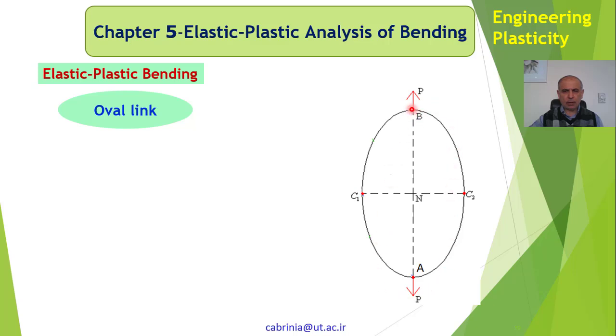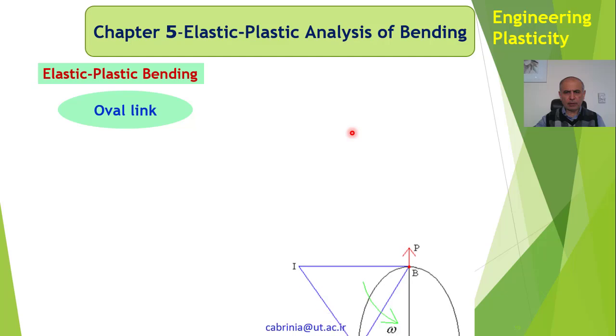There is a force P applied here and applied there. This could be a member of a chain. So we want to know the maximum load that is possible to apply here. So we are going to use the collapse load technique.